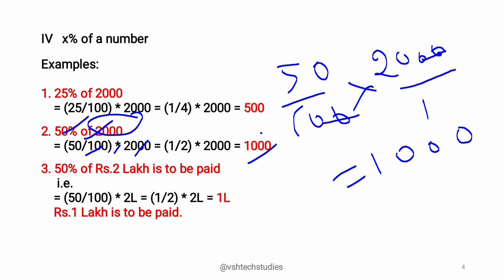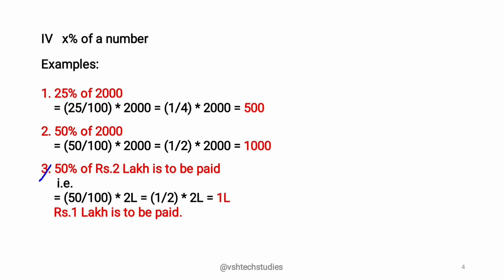In the third example, 50% of 2 lakh is to be paid. So there is rupees 2 lakh, and 50% of it is to be paid, which means 50% of, multiplied by the number 2 lakh.